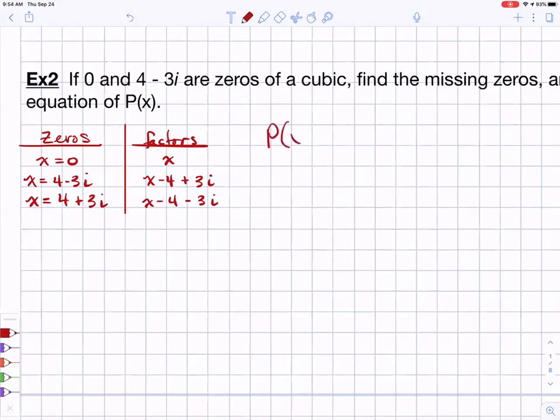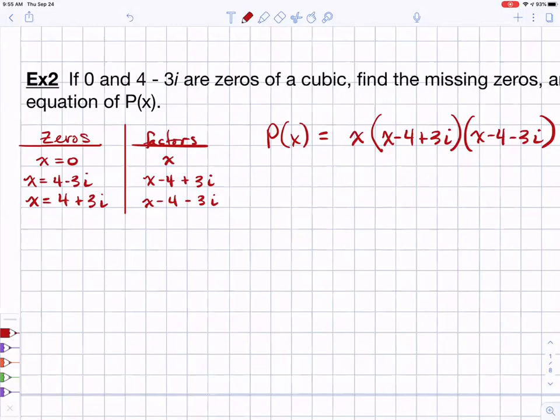We said P of x is equal to my factor x times my factor x minus 4 plus 3i times my factor x minus 4 minus 3i. We've already done that part of it. What we haven't done yet is start multiplying everything else.